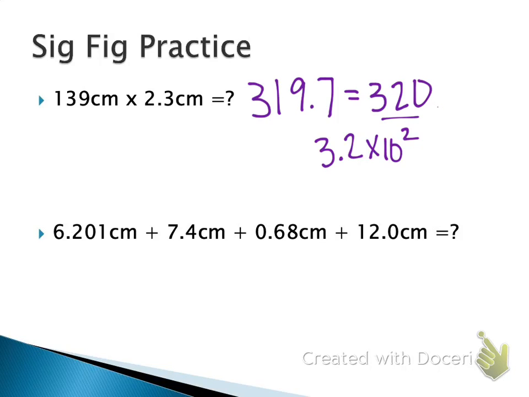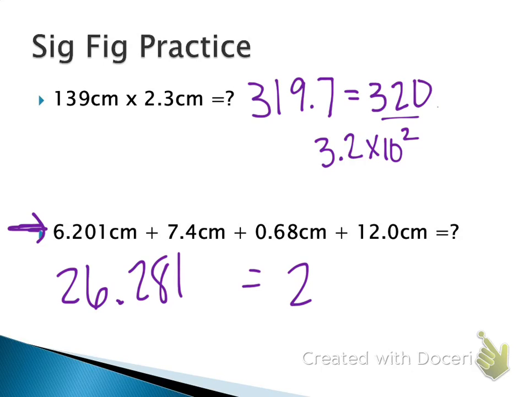All right, next one. Give me the raw answer. Stephen, what did you have for the raw answer on number 2? 26.281. And what do we need to be looking for here in terms of our answers, right? Decimal places. So what should my answer really be? 26.3.